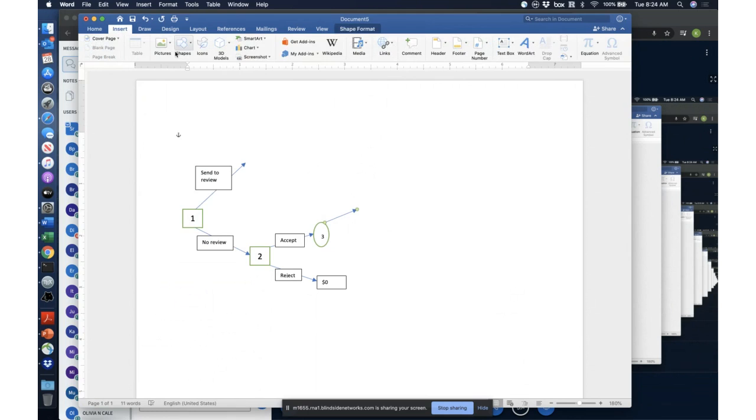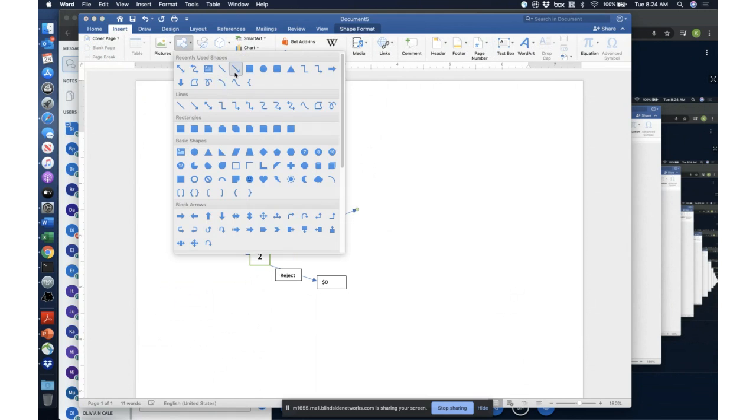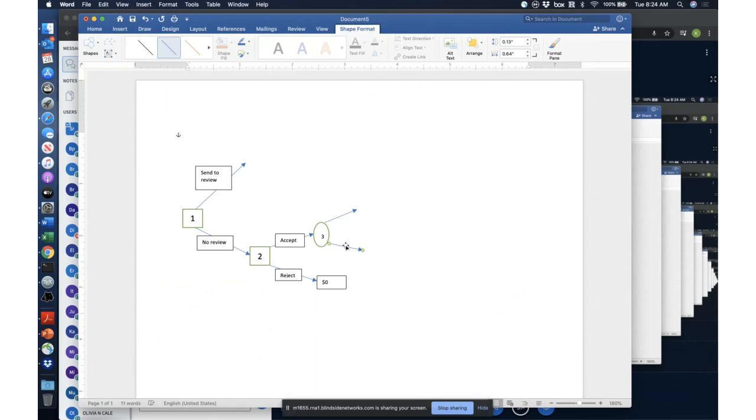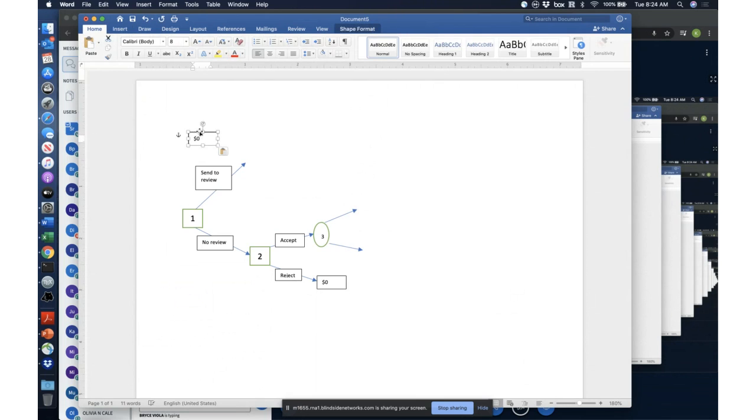Let's say that this is the unsuccessful one, and this is the successful one. If the manuscript is successful, you will make $750,000.